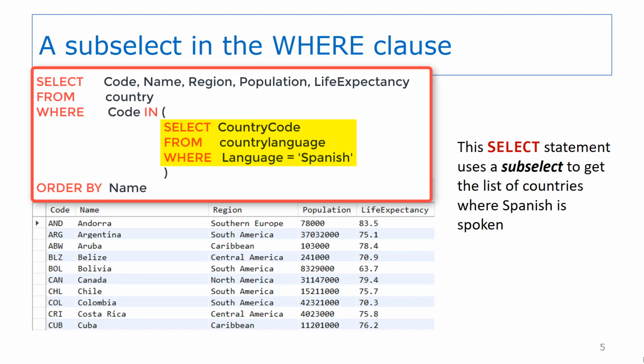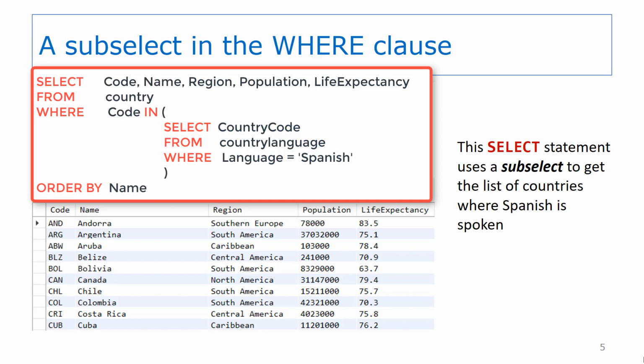Because we now have a list of country codes, we can feed that list into the in clause. Notice that the in clause uses the code column from the country table. So we are telling the database management system to select all the rows in the country table where the code column is one of the values in the list of country code values returned from the subselect.